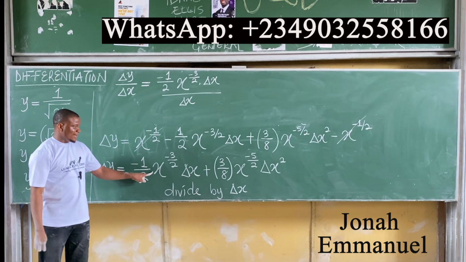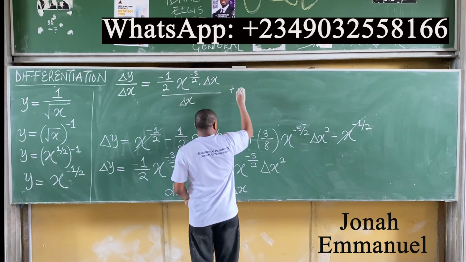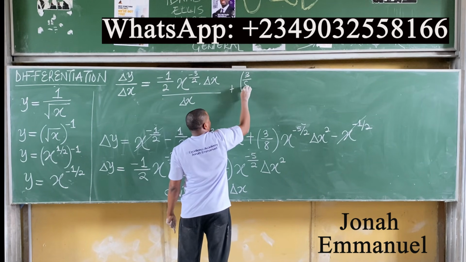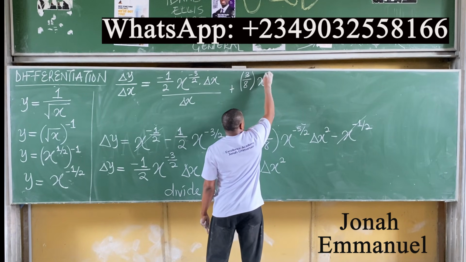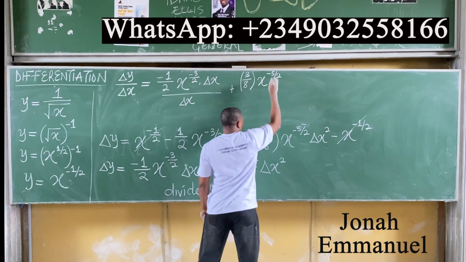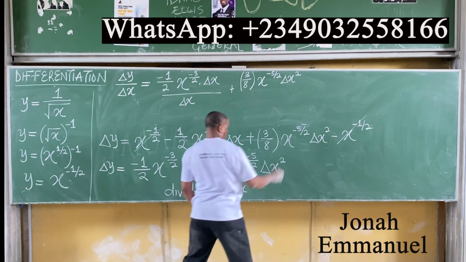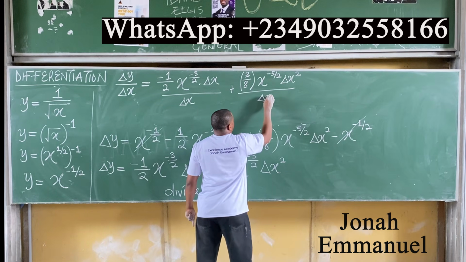So this term divided by change in x, plus 3 over 8 into x to the power minus 5 over 2, this one here, change in x squared, divided by change in x. You have this.